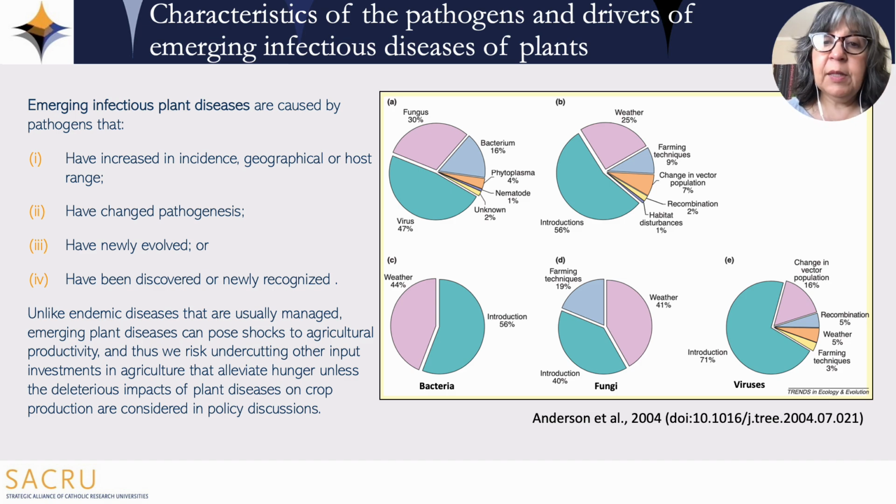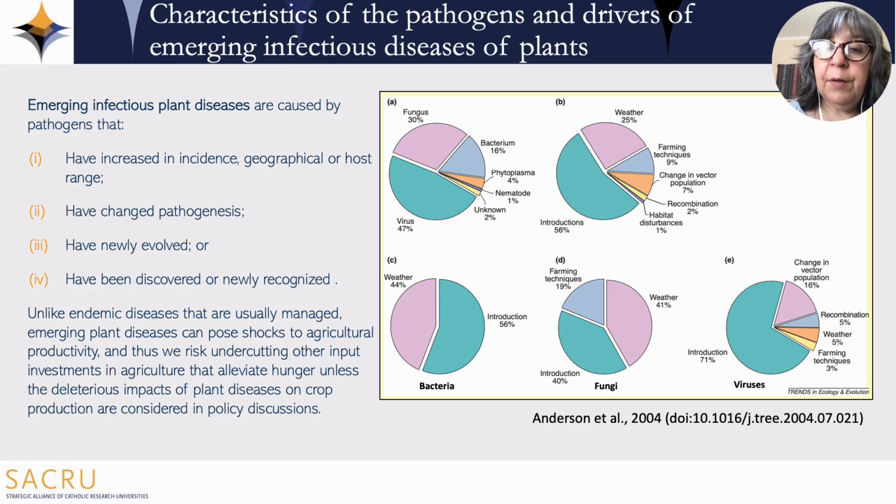Unlike endemic diseases, for which we know pretty well how to manage them, emerging plant pathogens are really difficult to manage because we don't know a lot about their biology, the way they spread, the way they survive.